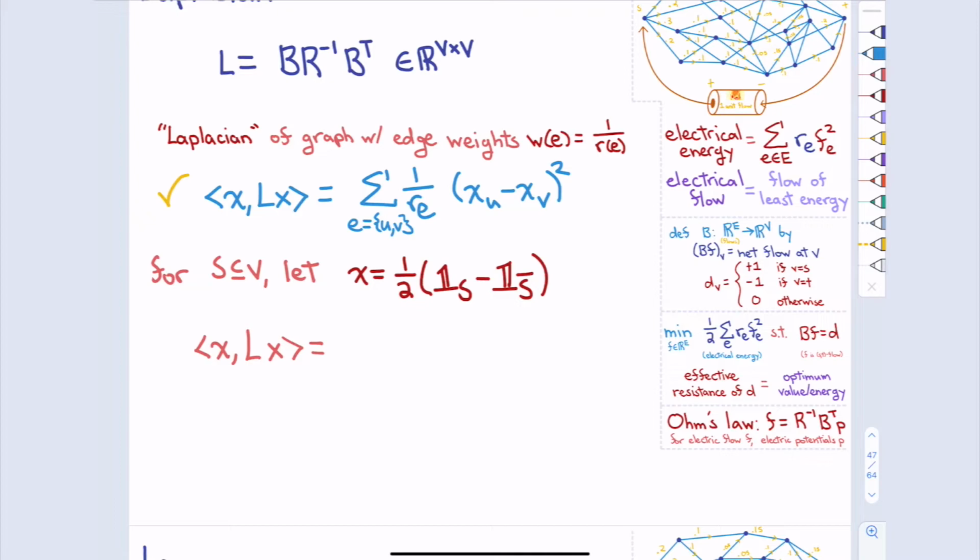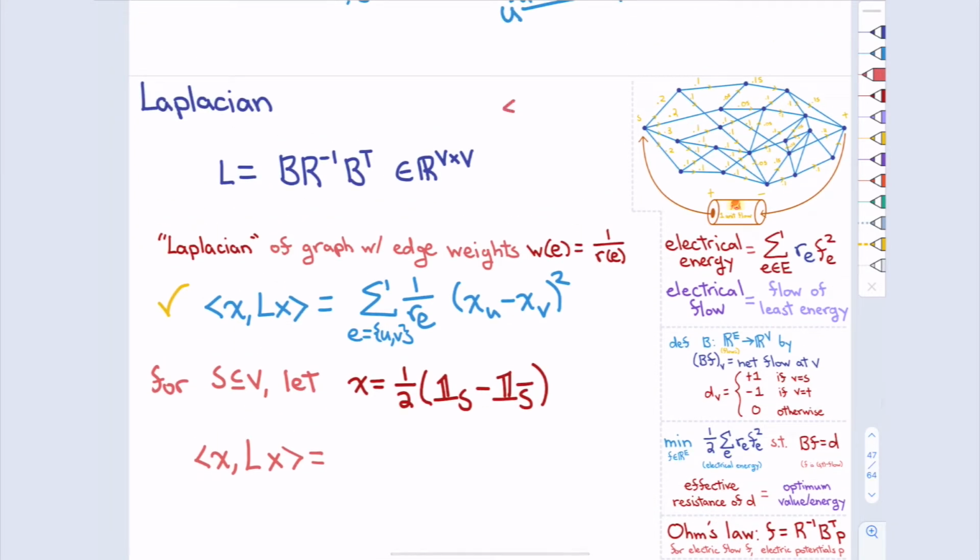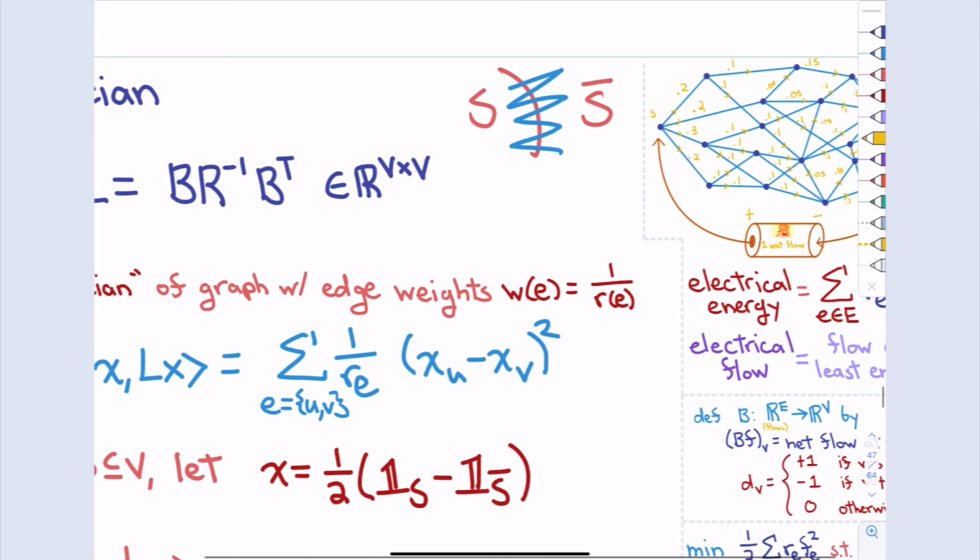So let's look at a set of vertices S that's splitting the graph in half, right? So here's S, here's not S, and then you have all these edges in between, right, of various weights. Okay. So let's plug in this indicator variable that's assigning 1/2 to every value that's in S and minus 1/2 to every value that's not in S. Okay, so this will get like 1/2, that'll get minus 1/2.